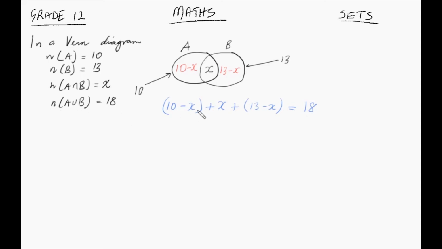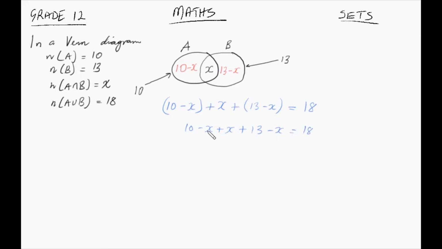So I think now you are happy. That means we can actually find x. Let's try and find x. We have 10 minus x plus x plus 13 minus x equals 18.